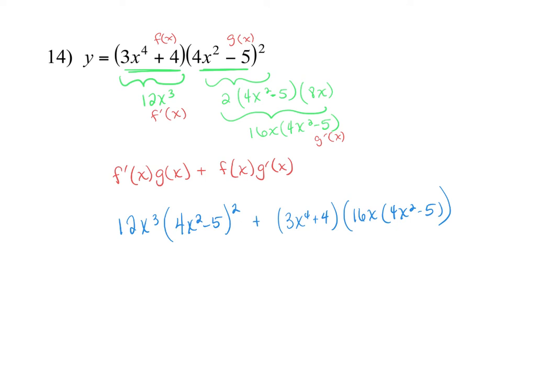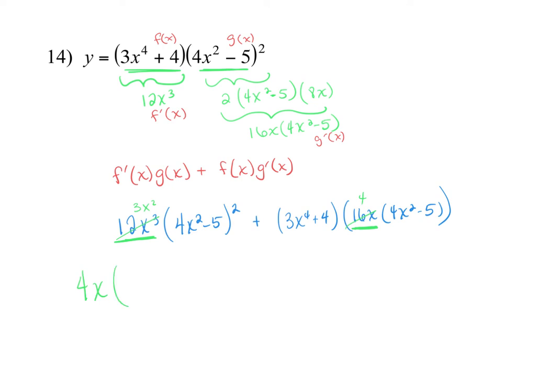Now I will say they did pull out, because it is factored form, since we had something in common here and here, I'm actually going to do both. So I'm going to pull out the 4x out of these, right? And so I have a 4x, and that leaves a 3x squared here and a 4 here.